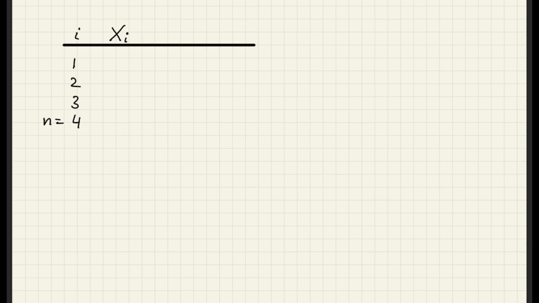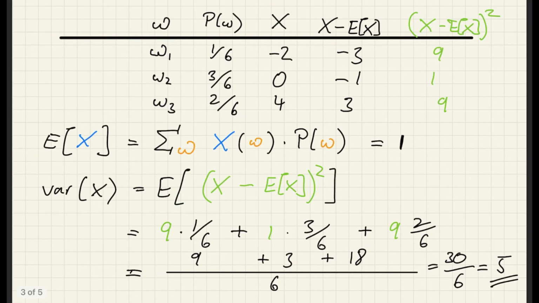Now, how do we draw x1, the first observation? Well, we draw it from our population, so we just have to make sure that we draw a -2 with probability 1/6, a 0 with probability 3/6 or 1/2, and so on, right? One way that we could do that is by saying let's roll a dice, and if we roll a 1, we'll say that we have drawn the first outcome, so we observe a value of -2 for x.